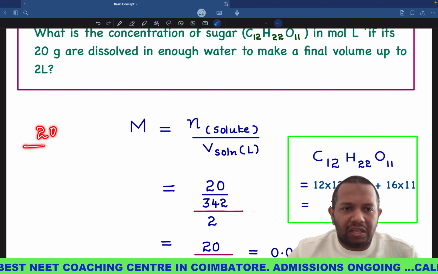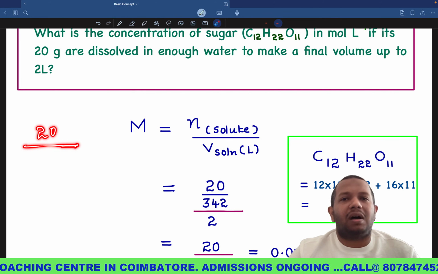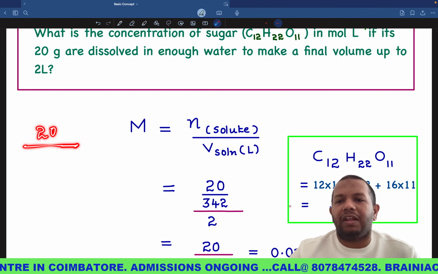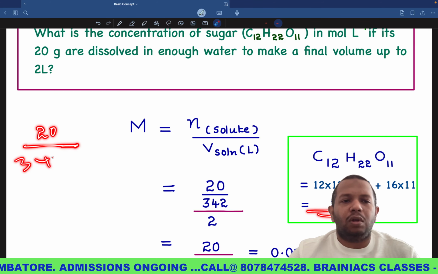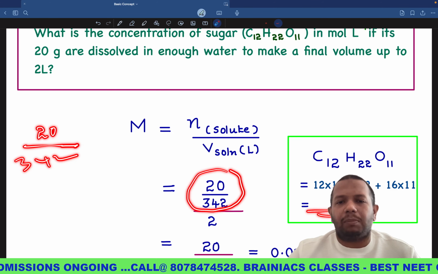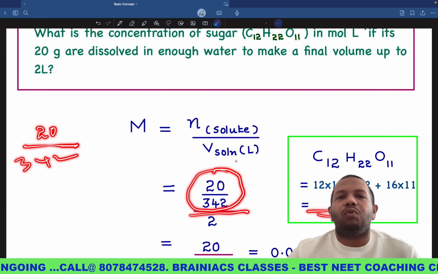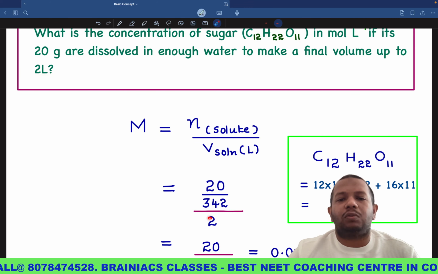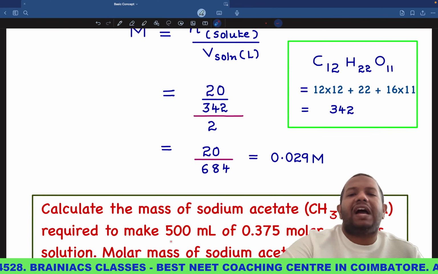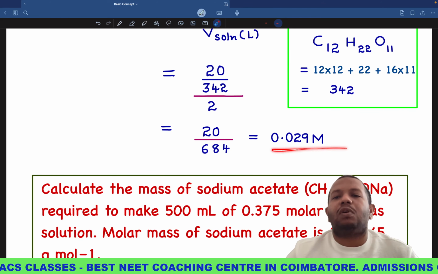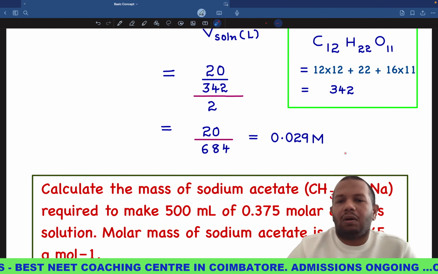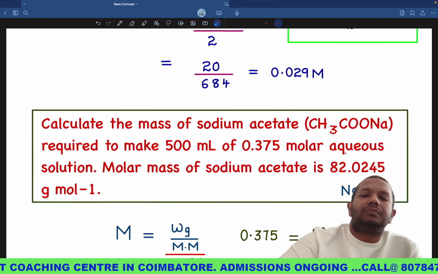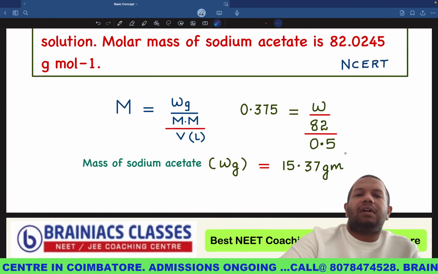Given weight, that is 20 gram, by molar mass of C12H22O11, that we calculated as 342. So 20/342 is the number of moles, divided by volume in liters, that is 2. If you do that, you get the answer as 0.029 molar. Okay, very easy question.